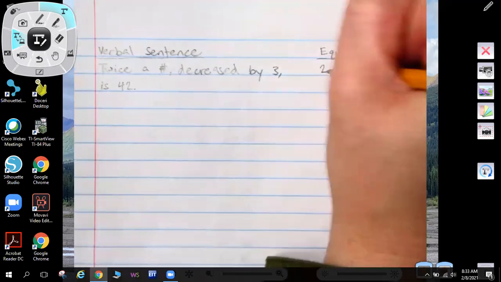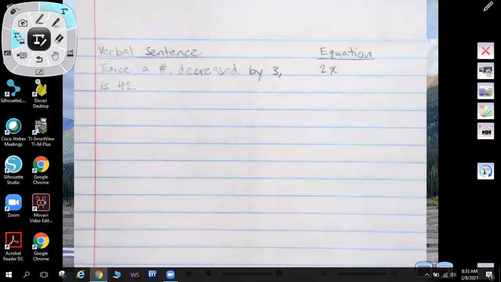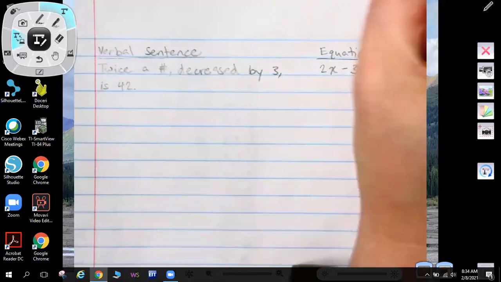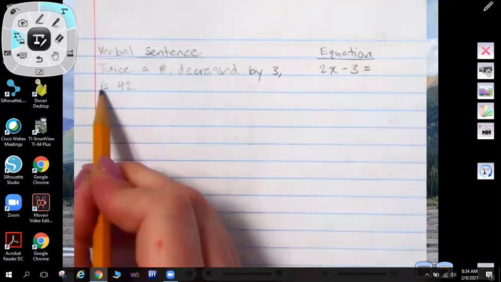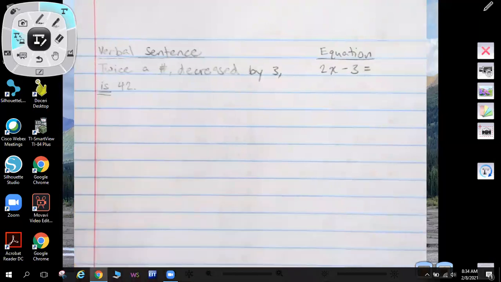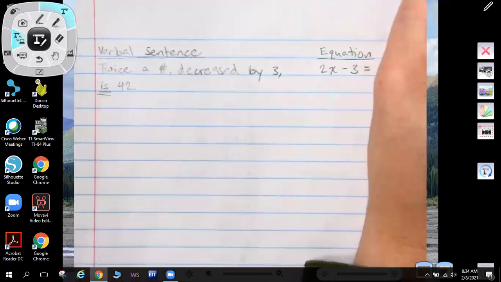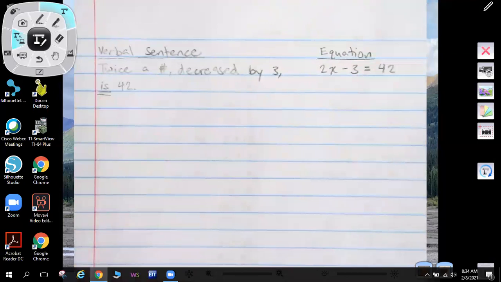That just means you're taking 2 and you're multiplying it by a number, which we're calling x because we don't know its value. So twice a number decreased by 3, that means we're subtracting 3 from that, is 42. Is going to be your equals. That word is means equals 42, or it gets translated as an equals. So our equation for this sentence is 2x minus 3 equals 42.